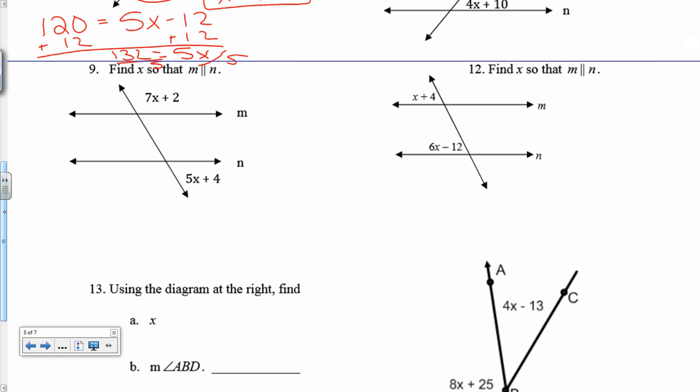Number 9, these are technically our same side exteriors, but I know that 5x plus 4 is congruent to the angle across from it because they're vertical. And 7x plus 2 is congruent to its vertical pair. And then these two angles would be supplementary, so I add them together. Combine my like terms.